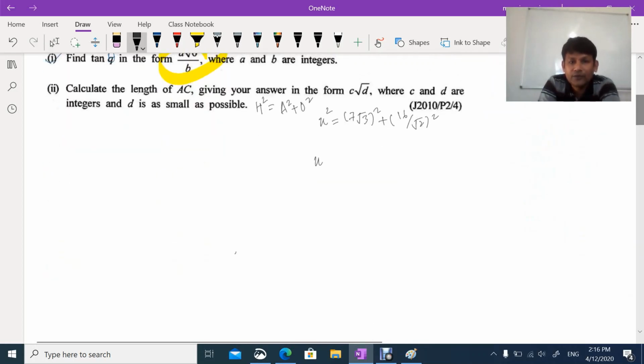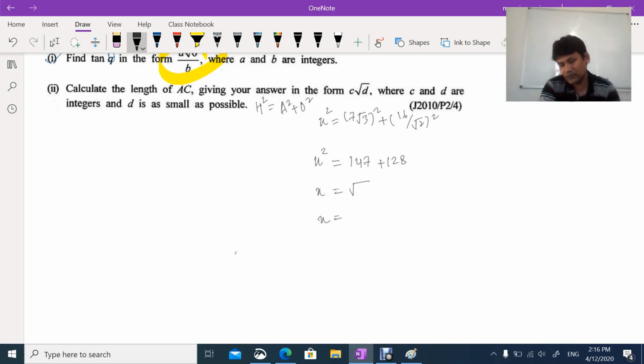X square is equal to 147 plus 128. When you simplify, you will write the root, and the final answer is coming, I think, 275 is here, and the root is 5 under root 11, and units.